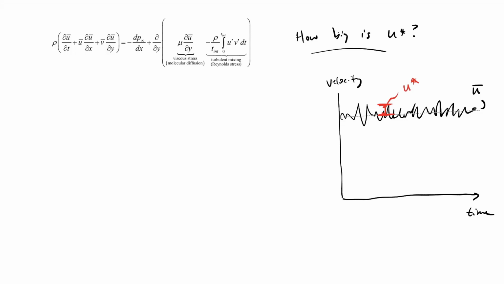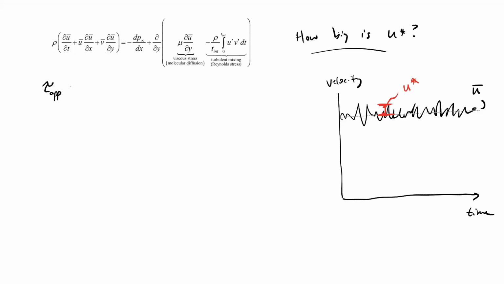To get an estimate of this, I think it helps to think about what's limiting the size of the eddies as a function of position in the boundary layer. To start, we're going to estimate the shear stress in the flow, our apparent stress, tau apparent.